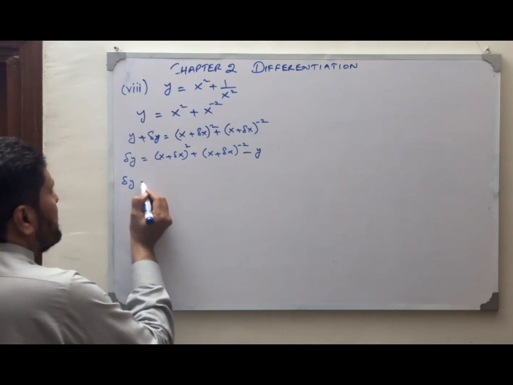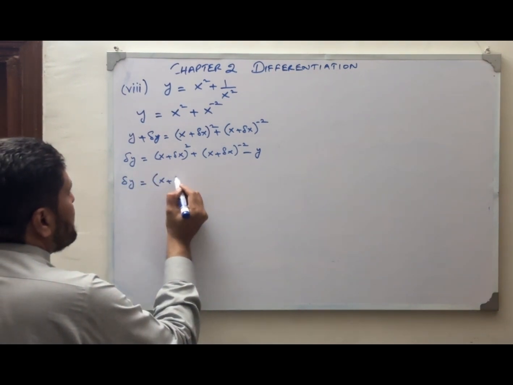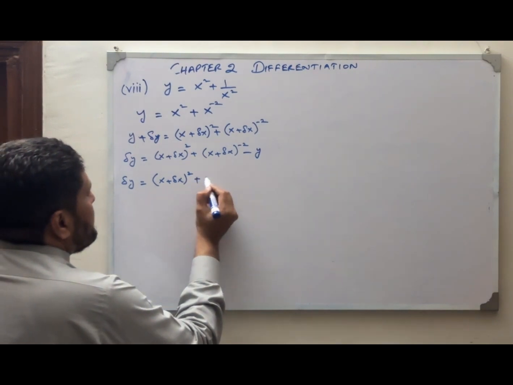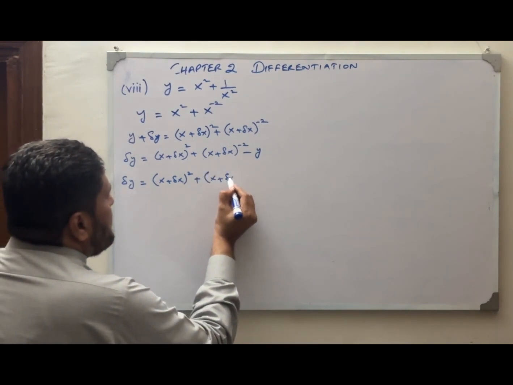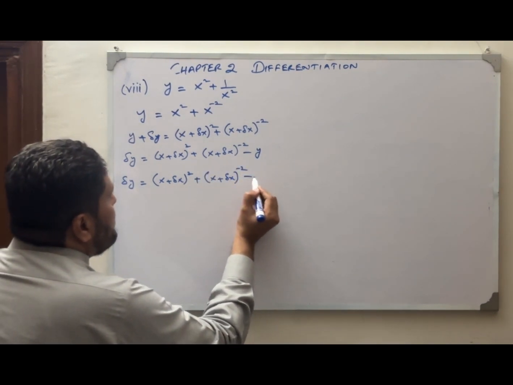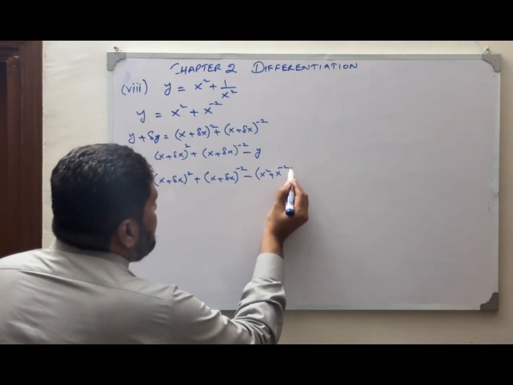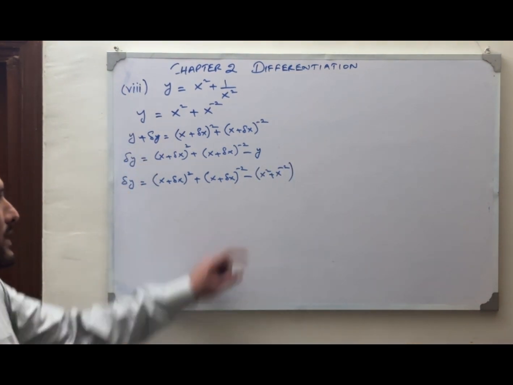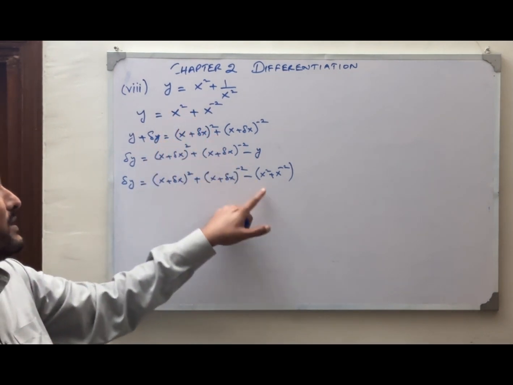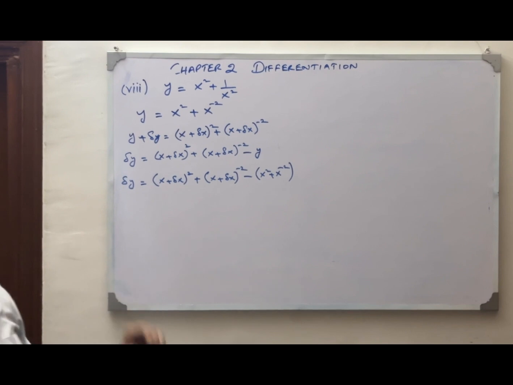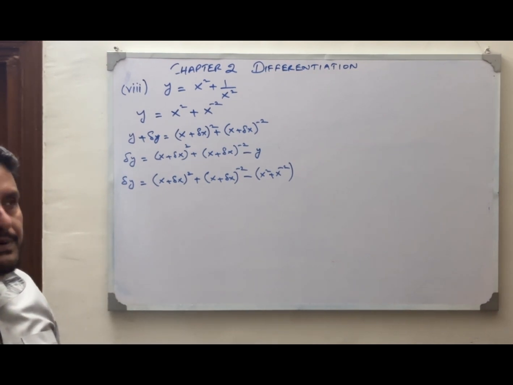And then by putting the value of y, this will become x plus delta x whole square plus x plus delta x power minus 2 minus x square plus x power minus 2, by putting the value of y from here in that place. So now we have to simplify this, step 2.